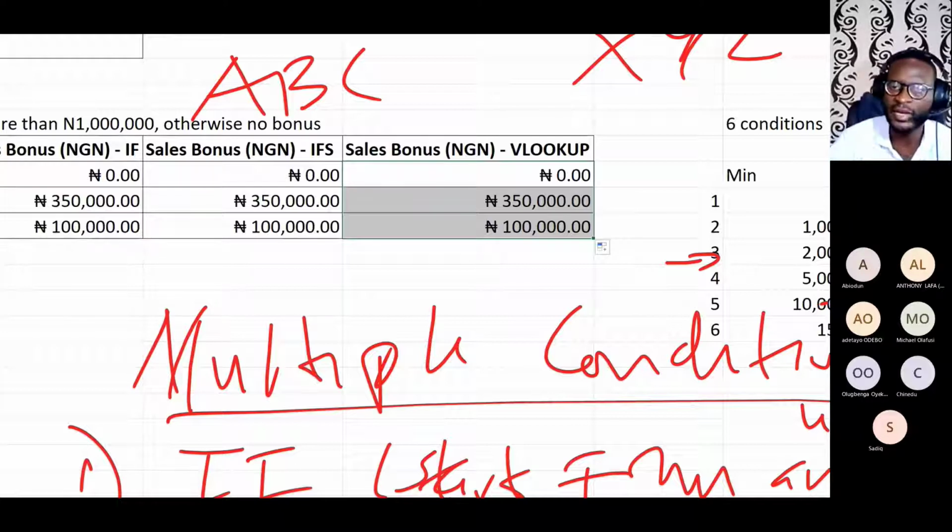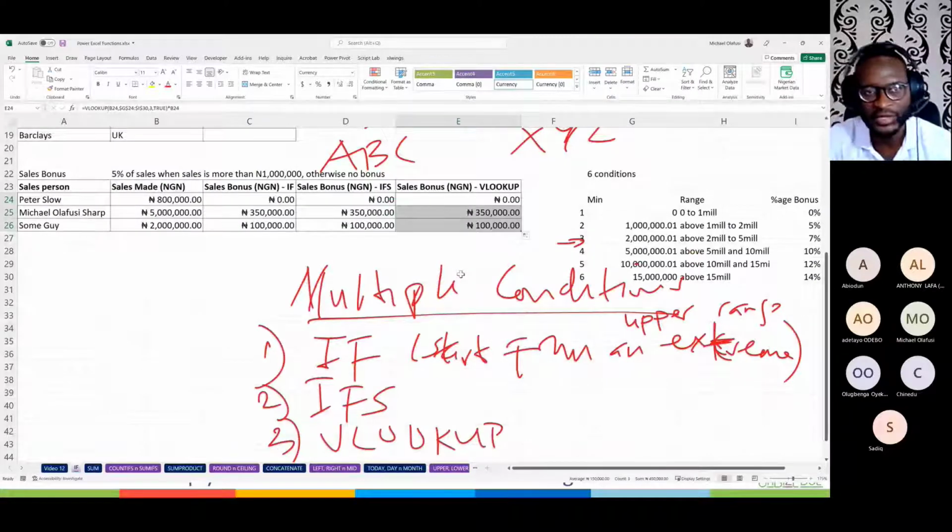So anyway, VLOOKUP can help. That's what I want to say. So that's the end of my explaining this if. It's a very wonderful formula, when you have conditions, right? And when you have more than one condition, you might start considering ifs. And if your conditions are like a range, VLOOKUP can just be your godsend.